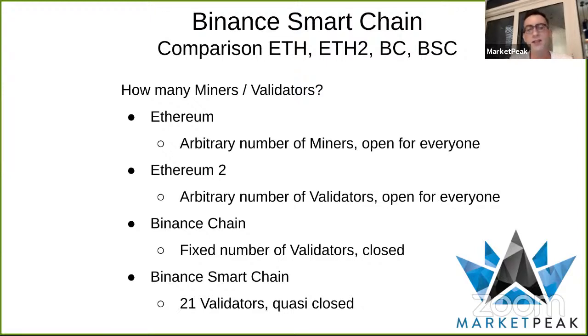What I mean by this is that the requirements to become one of those only 21 validators, there will not be any more, are really, really high. It's extremely difficult to become a validator on Binance Smart Chain. This is why I like to call it quasi-closed.